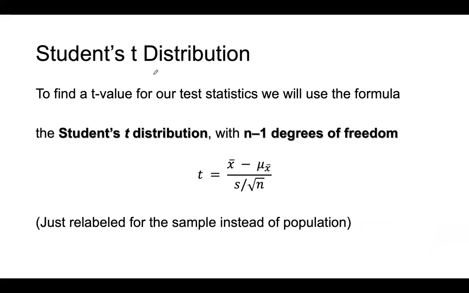Now, if we recall the student's T distribution, to find this T value for our test statistic, we use the following formula. So this is the student's T distribution with N minus 1 degrees of freedom. If you recall, Z was just equal to our X bar minus mu divided by our sigma, our standard deviation.